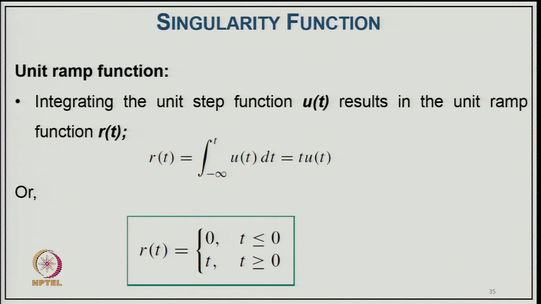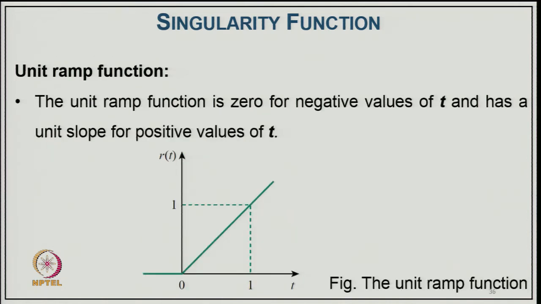So it is like a ramp function, and you can see here how it looks. The unit ramp function is 0 for negative values of time, and it rises, reaching the value 1 at time equal to 1 second, as you see here.